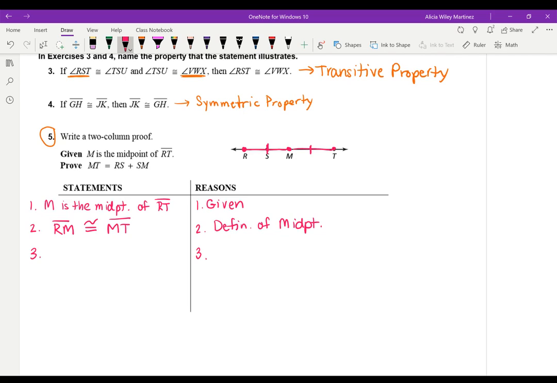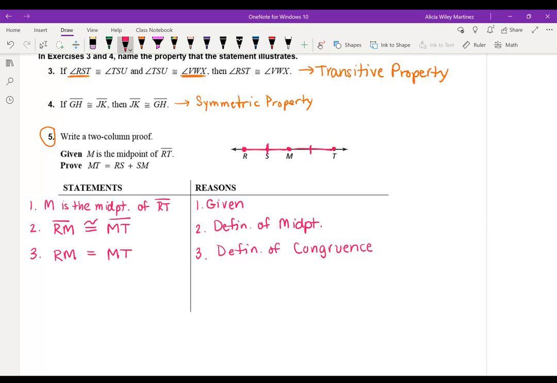So I want to change this to RM equals MT, which we talked about in class is the definition of congruence. Remember, definition of congruence allows us to change a congruency symbol to an equal sign, or the other way around, an equal sign to a congruency symbol.